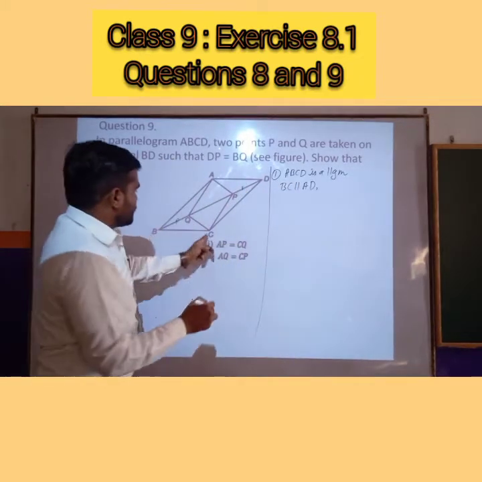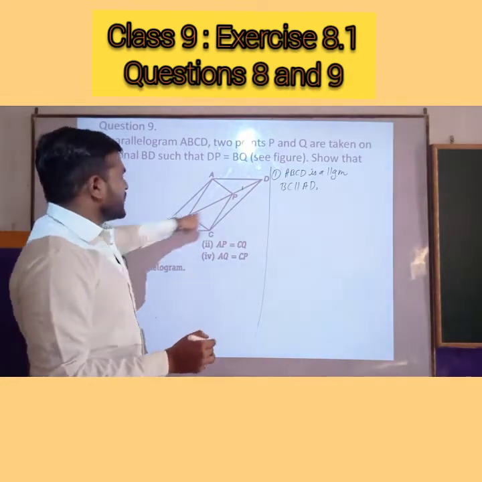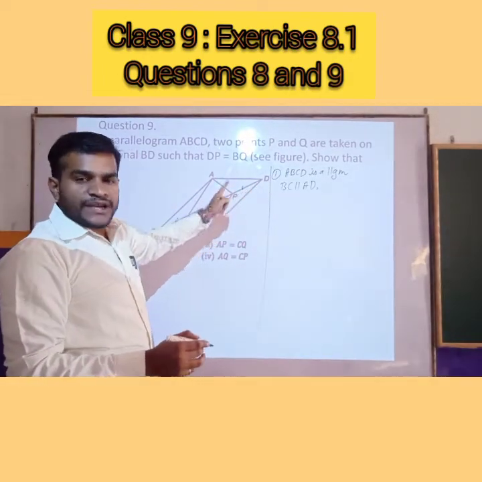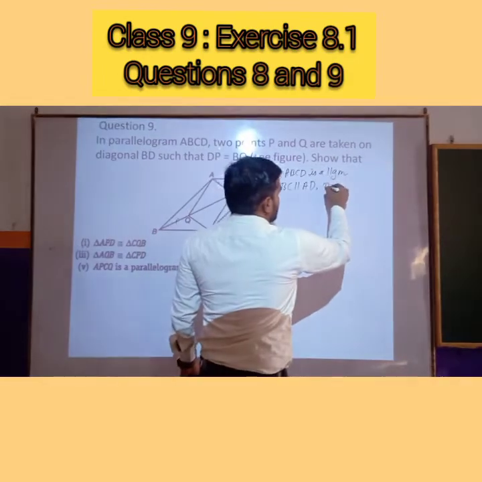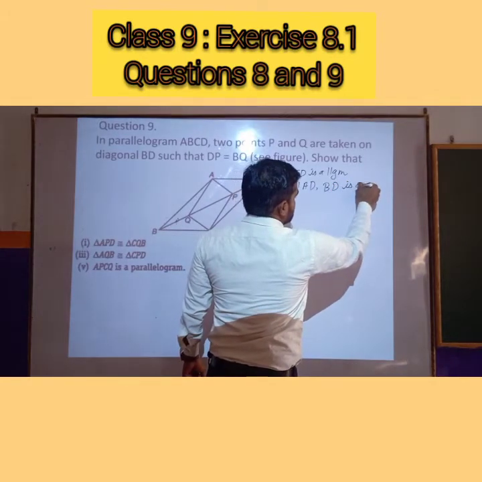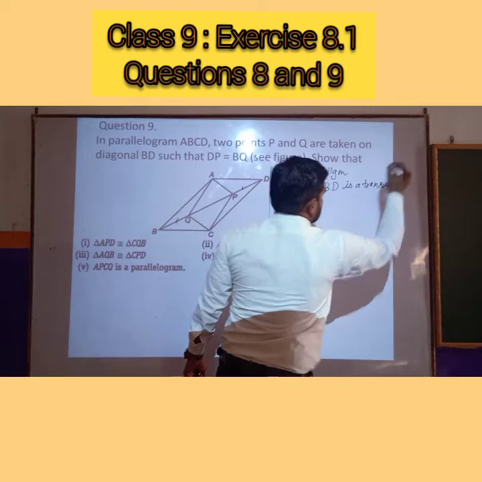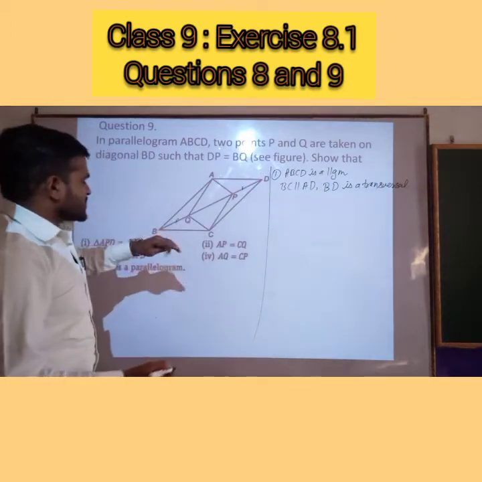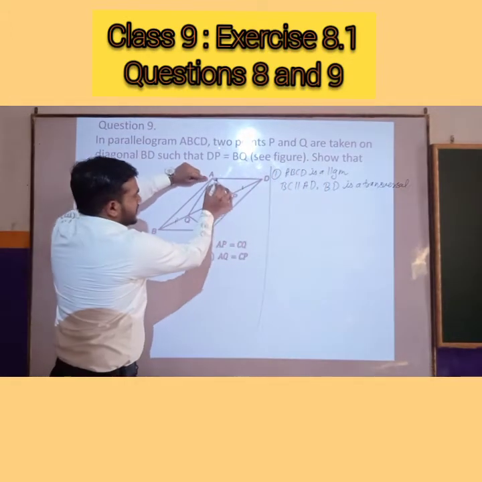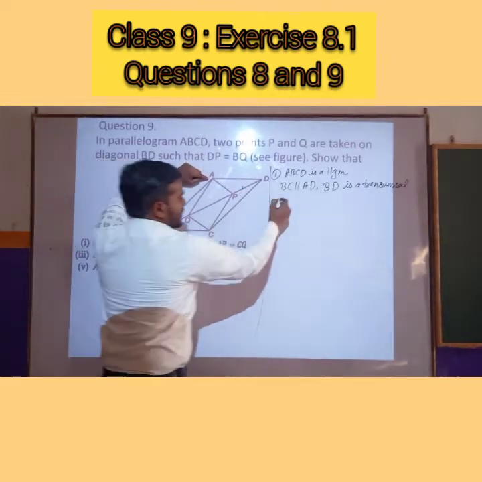If BC is parallel to AD, then BD is transversal, as seen from the figure.